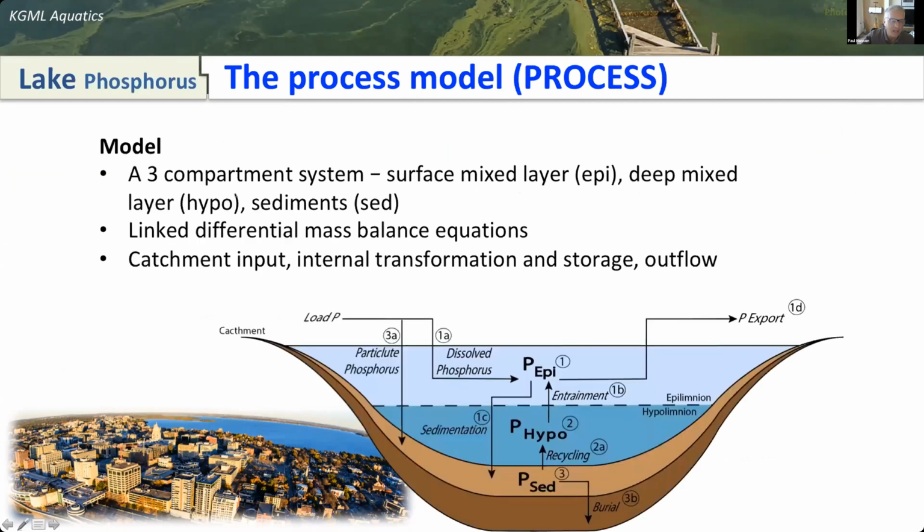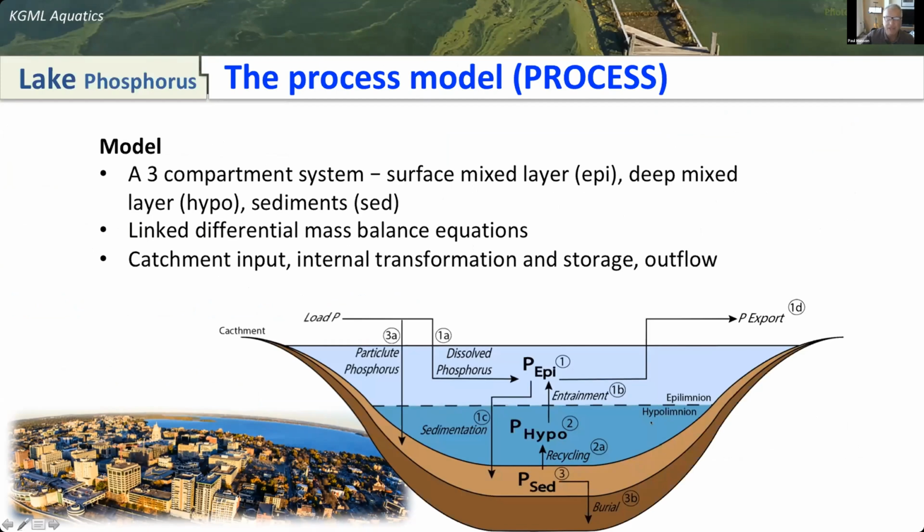The process model was a very typical approach that we would use in modeling biogeochemistry in a lake. This is a schematic of a lake during the summertime when it's thermally stratified. The upper layer of the lake is warm. It's called the epilimnion. It's where we would swim. The lower layer in the lake is called the hypolimnion. It's cold.